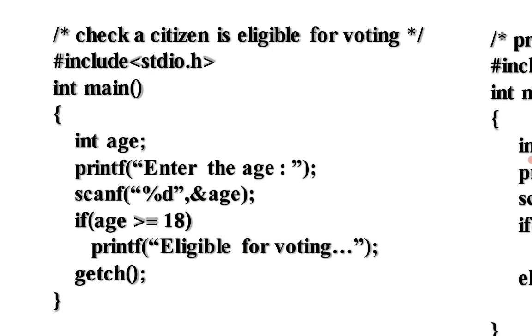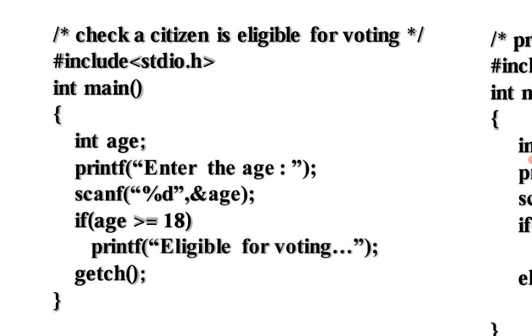Every header file has the .h extension. There are many such header files, like stdio.h, math.h, conio.h. So hash include is used to include any type of header file.